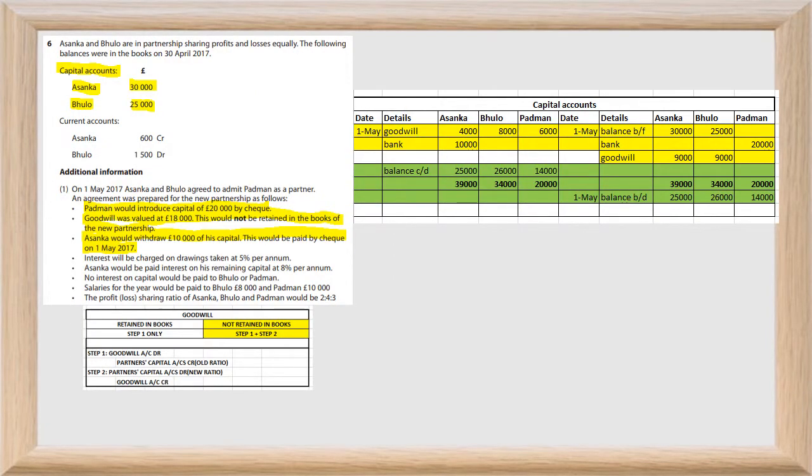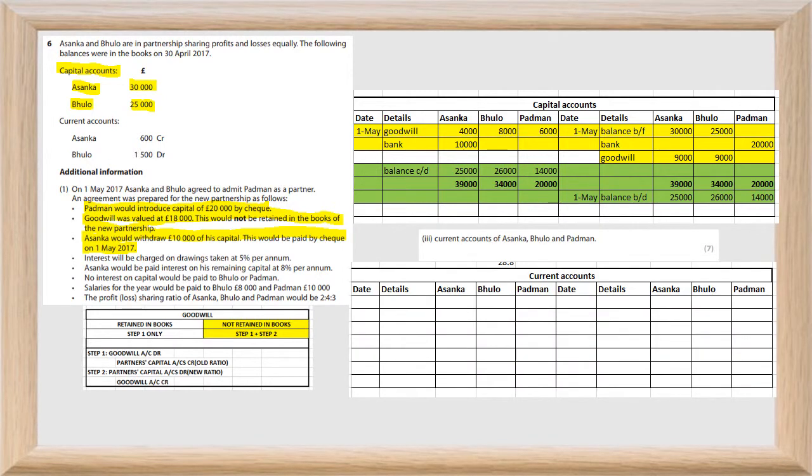First, we record the opening capital balances on the credit side. Next, Padman's capital introduction is also credited. Thirdly, the goodwill entry should be done in 2 steps since goodwill should not be retained in the books. Fourth, Asanka's withdrawal of capital should be debited. Finally, we balance it off and get the carried down and brought down balances.